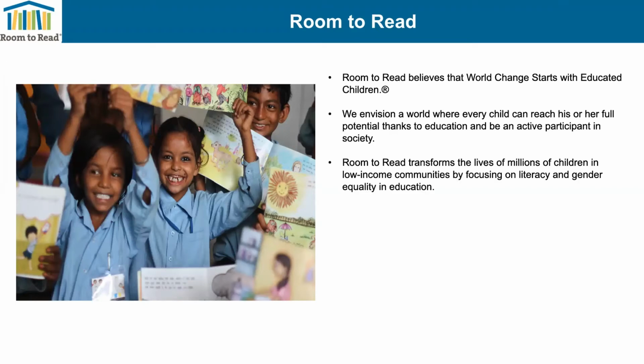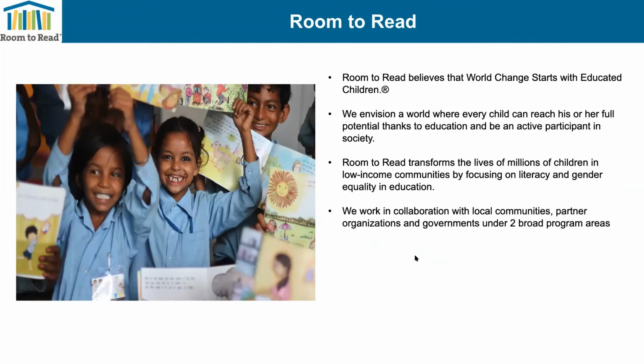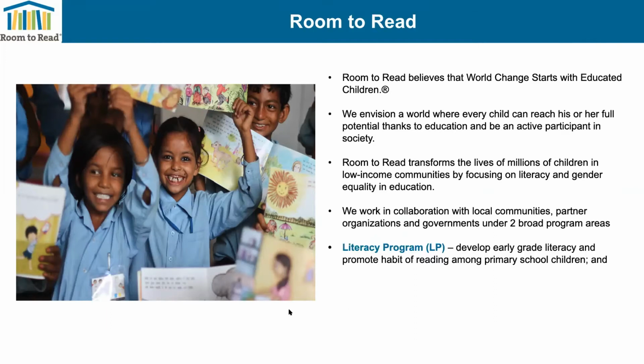To date, our program has benefited close to 17 million children across 16 countries. In these geographies, Room to Read implements its two flagship programs. One is called the Literacy Program, on which I would focus a bit more shortly because it is linked with this particular webinar.